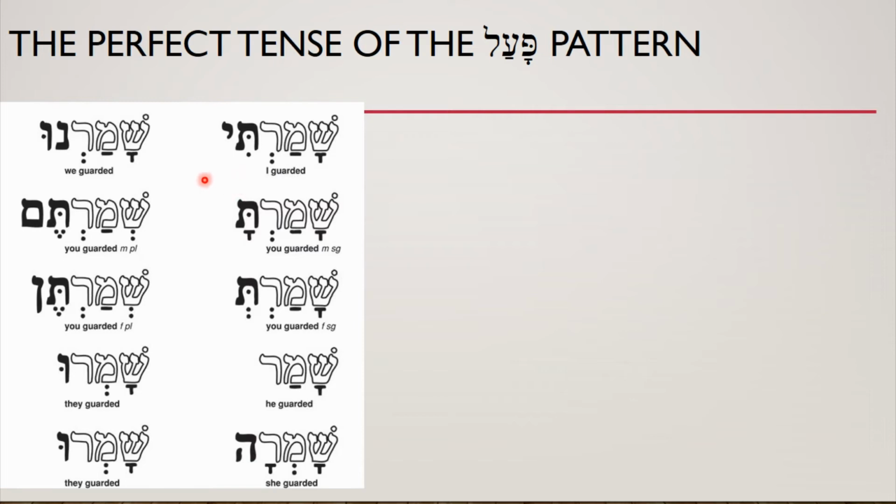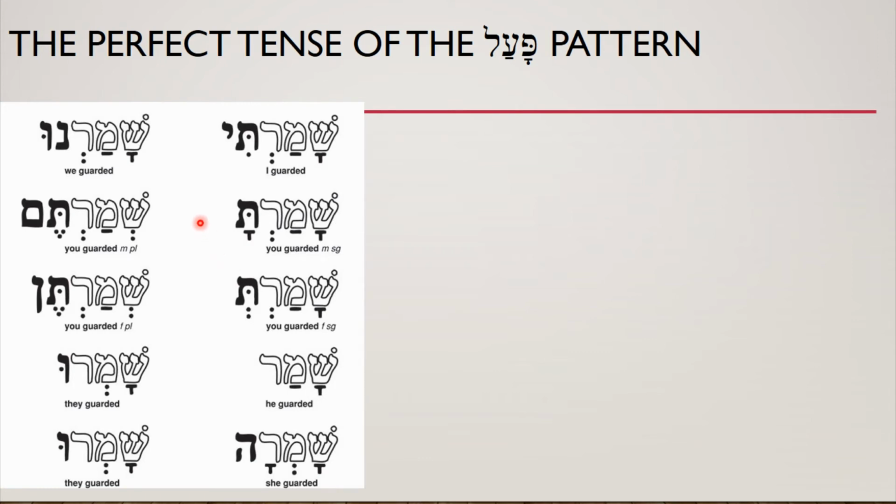But this is the perfect tense of the pa'al stem, and it looks like this. This is also from the book on page 52. Whenever we go over new verb charts, it's going to use the root verb shamar, because shamar is one of the most consistent verbs in Hebrew. So it's going to showcase the rules more consistently than a lot of other verbs. Plus, it's a pretty basic verb and common enough that it's a good one to know anyways.